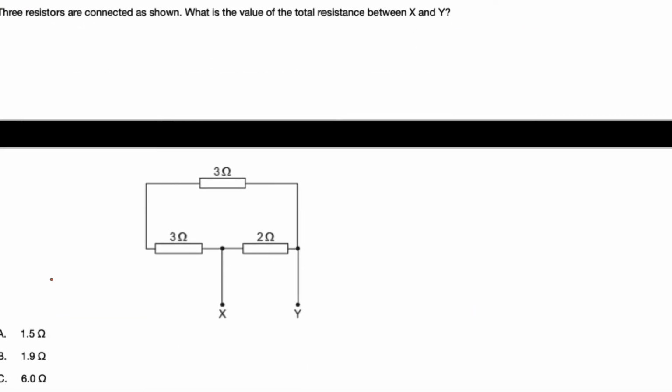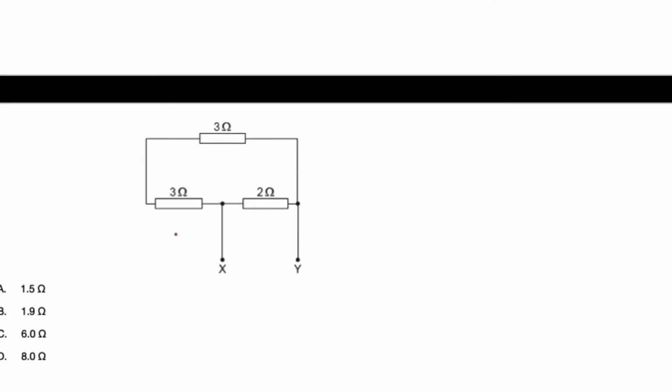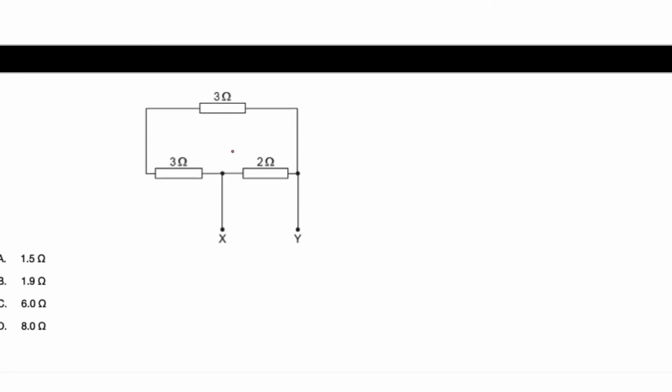Three resistors are connected as shown. What's the value of the total resistance between X and Y? So X and Y can be this here, 2 ohm, but it doesn't have the option of 2. So what is the answer? So X and Y can also refer to here. Right.